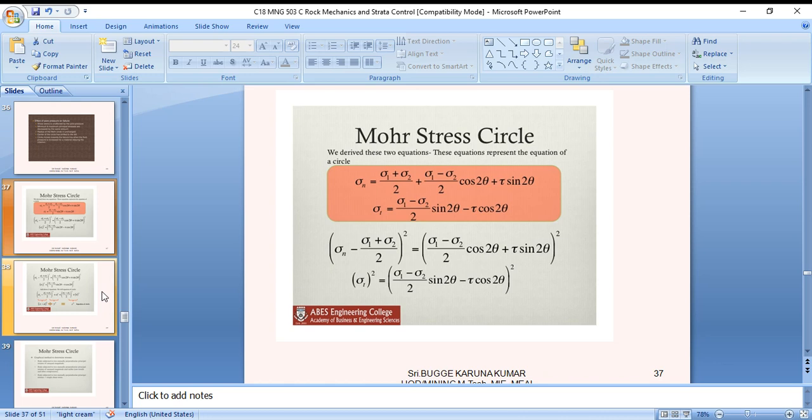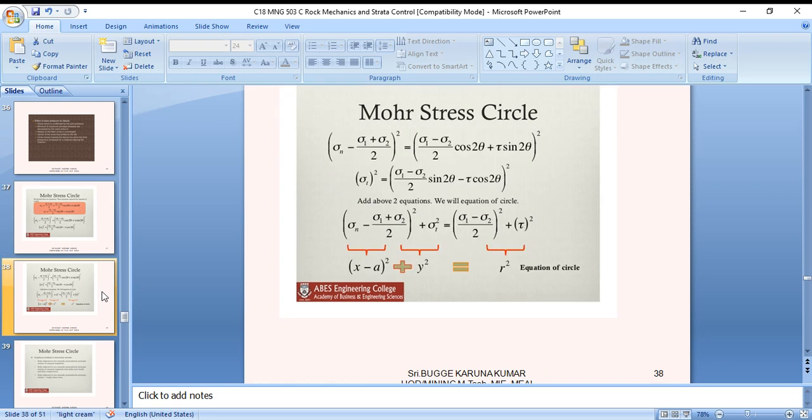Squaring one and adding the other gives the equation of a circle, which can be drawn as (x minus a) whole squared plus y squared equal to r squared, the equation of this circle. That is a representation on the y axis and x axis, and the drawing of the Mohr circle.